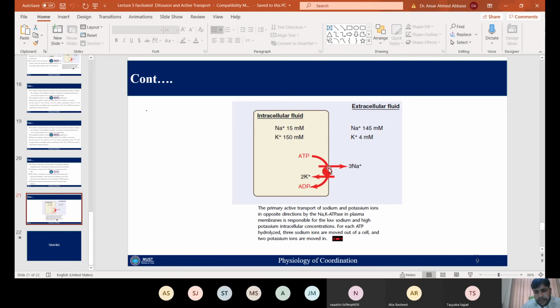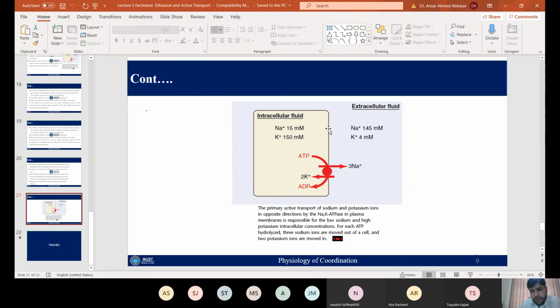This circle is representing the sodium potassium ATPase pump. When this pump hydrolyzes a single ATP molecule, it converts ATP into ADP plus inorganic phosphate. That phosphate will phosphorylate this sodium potassium ATPase pump. It will facilitate the movement of sodium from its lower concentration to its higher concentration.